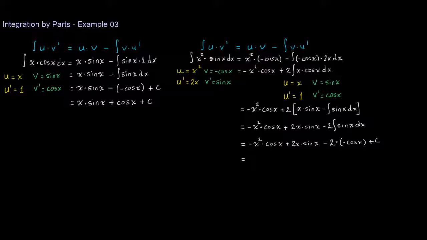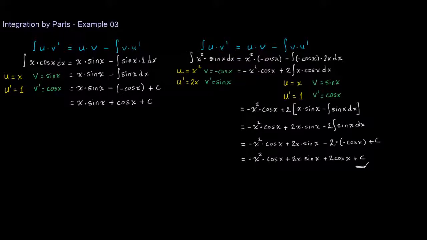So at the end, we found that this whole solution is going to look like this: 2 times x sine of x plus 2 times cosine of x plus c, and that will be actually the solution for this whole expression, where we studied the integral of x squared sine of x dx.